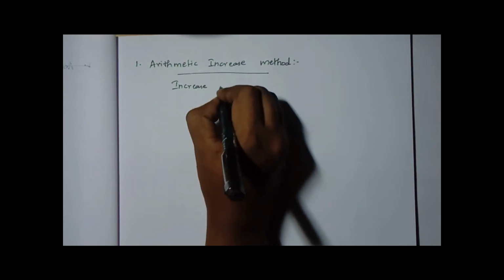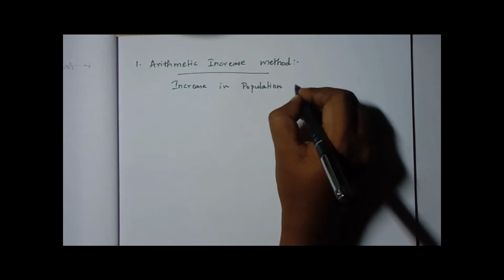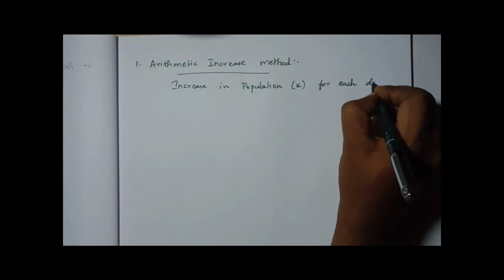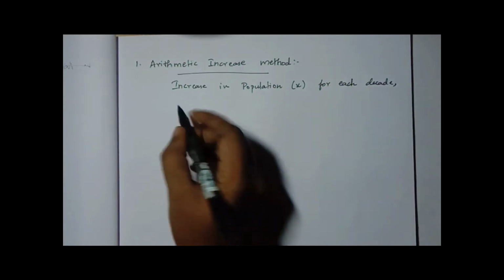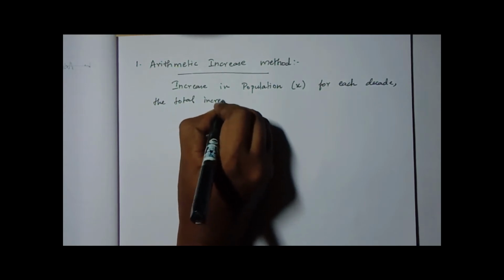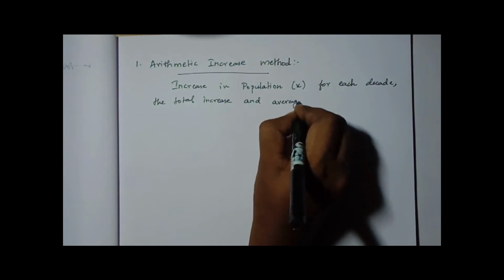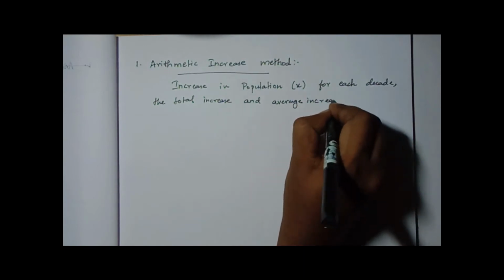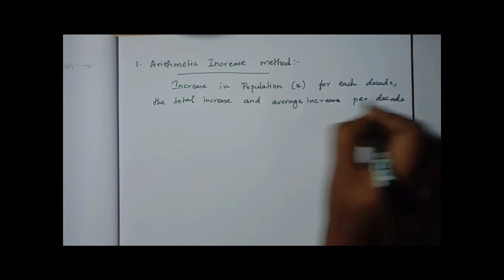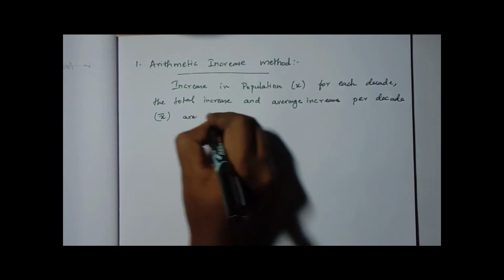Increase in population is known as x for each decade. The total increase and average increase per decade, we can call it as x dash, are computed below.